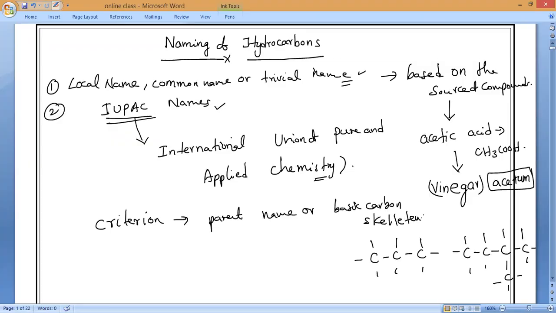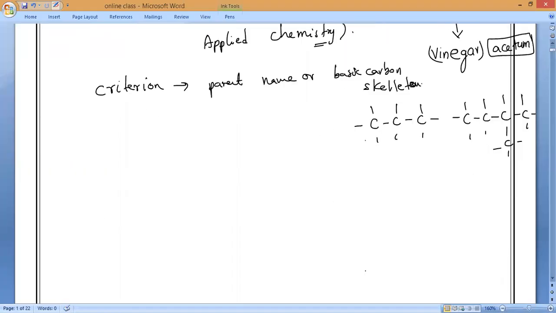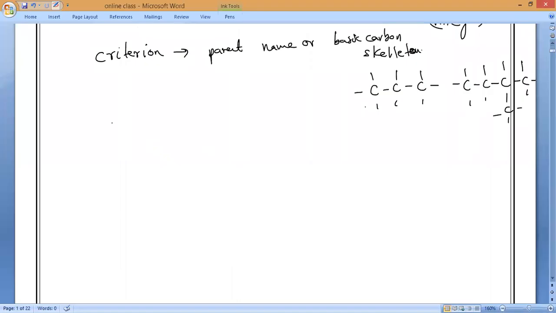So let us come to here. This nomenclature includes two ways. One is word root plus suffix: they add the suffix, which equals the name of the organic compound.